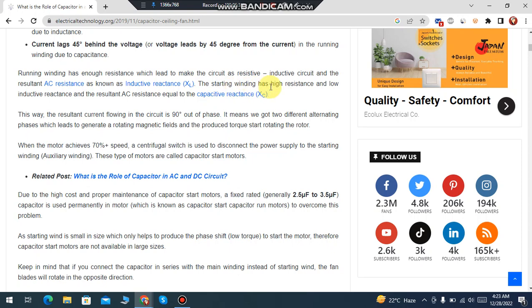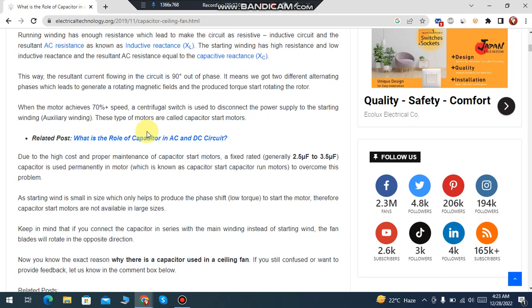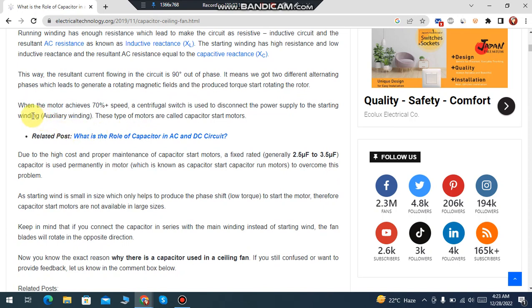The starting winding has a high resistance and low inductive reactance, and the resultant AC resistance is equal to the capacitive reactance. This way, the resultant currents flowing in the circuit are 90 degrees out of phase. It means we get two different alternating phases, which generate a rotating magnetic field, and the produced torque starts rotating the motor or the rotor.